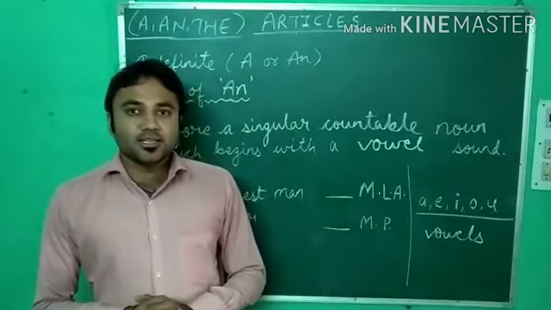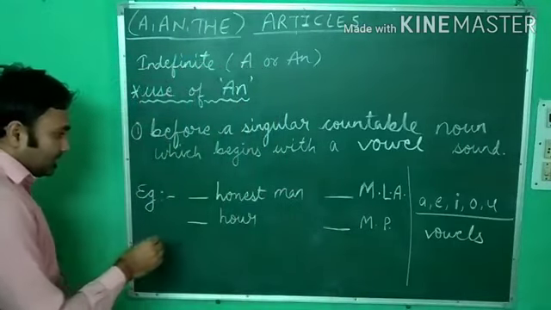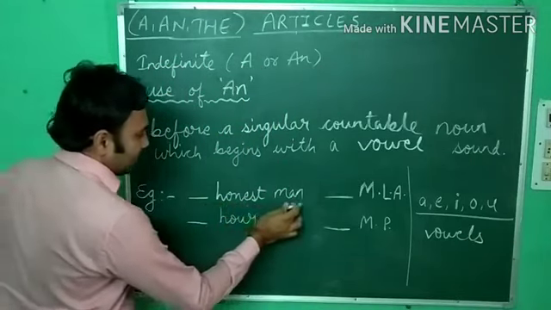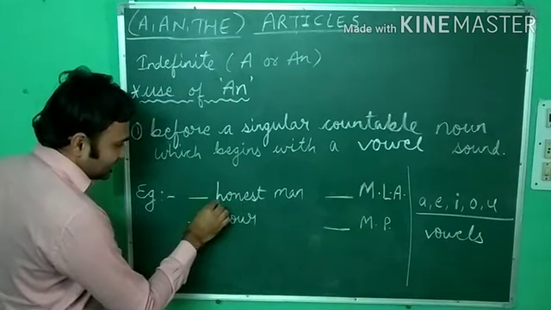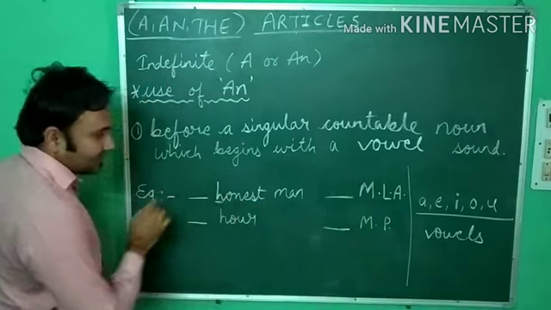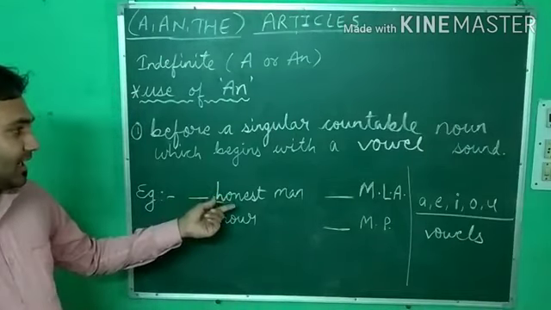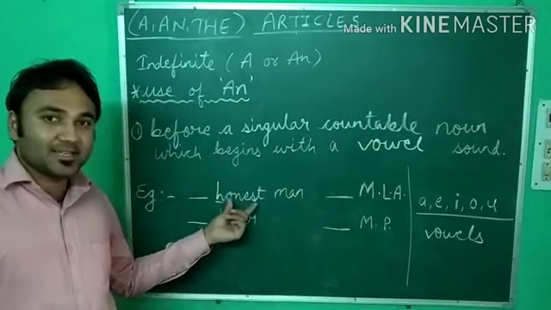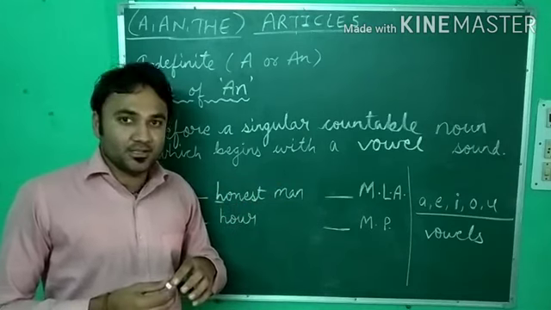Now, let us see some more examples. Students, when we read this word honest man, though the word is starting with a letter H, that is a consonant letter, we are getting a vowel sound because we are pronouncing it as onest, not honest, okay?